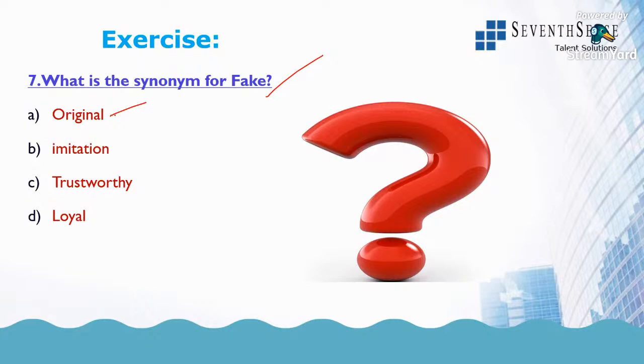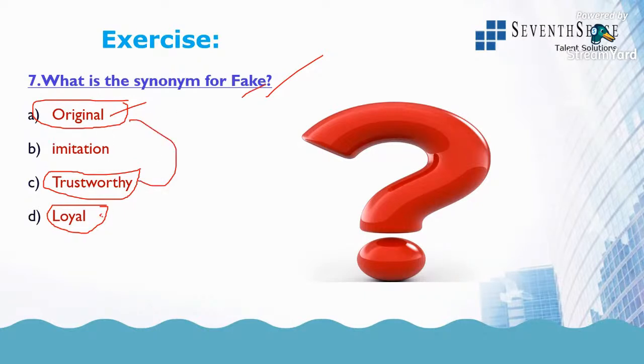Original means what he really is. Trustworthy means he is a trustful person. A loyal person is a person who is loyal to everyone. These three are giving similar meanings, but they are not related to fake. These are related to trust. So the last option remaining is imitation. Imitation is the right answer. That is the synonym for fake, right?